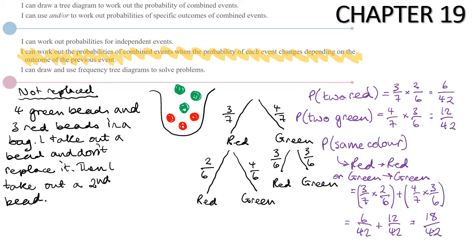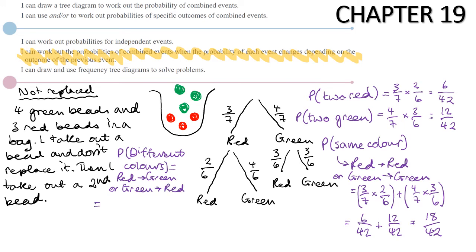One more. Let's say I had a question that said, what's the probability I pick 2 beads which are different colours? Now if I'm going to pick beads which are different colours, I'm either going to be picking a red followed by a green, or a green followed by a red.